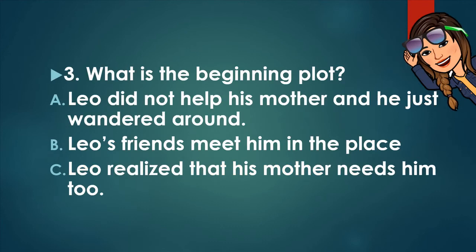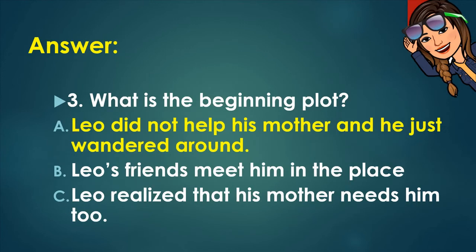Number 3. What is the beginning plot? The answer is letter A. Leo did not help his mother and he just wandered around.